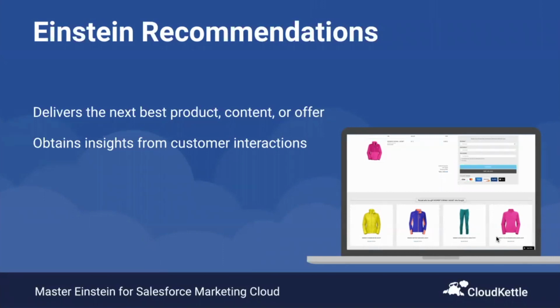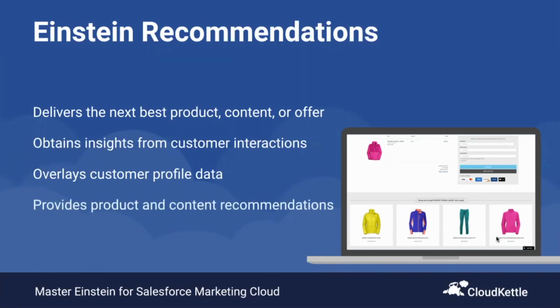With every page view, category view, search items, cart activity and purchase, Einstein learns the preferences and interests of each individual subscriber and website visitor. Additionally, customer attributes such as location, gender, and other profile data can be combined with behavioral data and business rules to recommend products or content that customers might be interested in, and it does all this in real time.